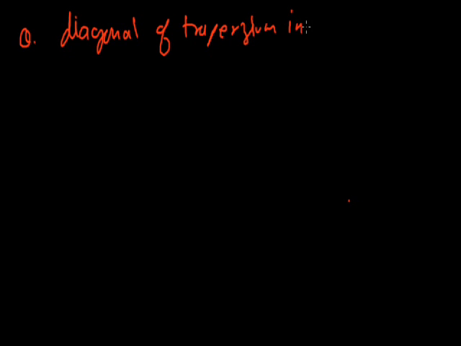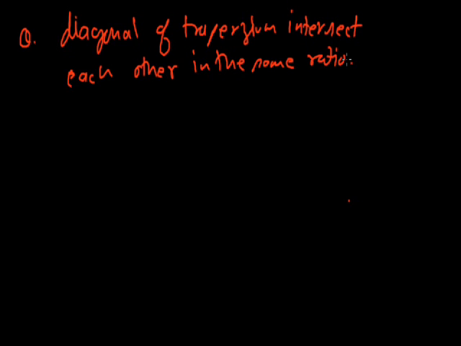We can do one more problem, that is, we have to show that the diagonals of a trapezium divide each other in the same ratio. That is, the diagonals of a trapezium intersect each other in the same ratio.